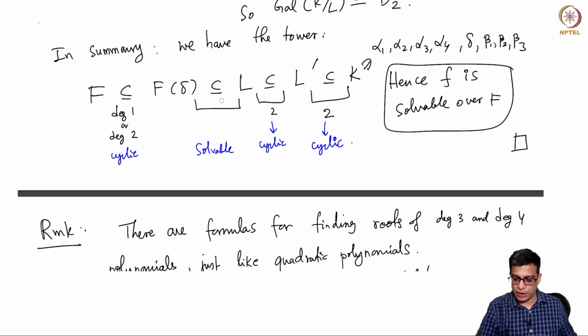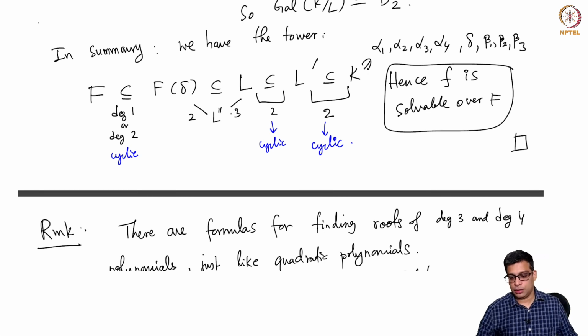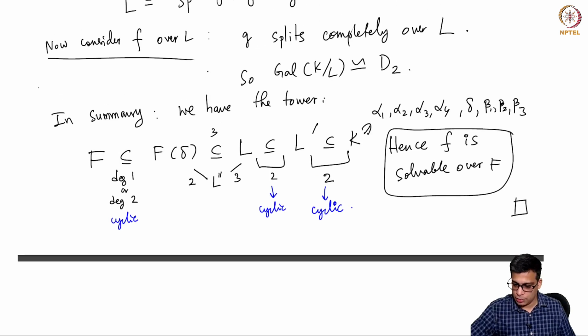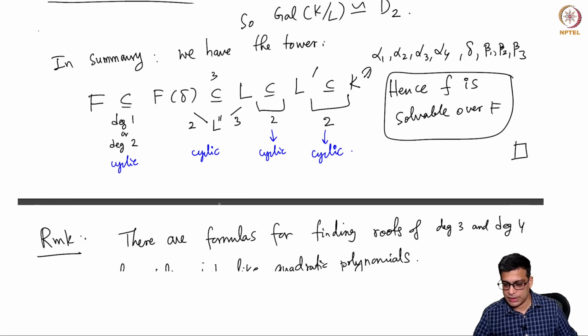So maybe I should really write here. So this is a degree 2, maybe L double prime. So this is 2 and 3, or this is 3. So I don't want to write solvable, but to say that everything is cyclic. So there is a tower of cyclic extensions ending with a field containing all the roots, so it is solvable.